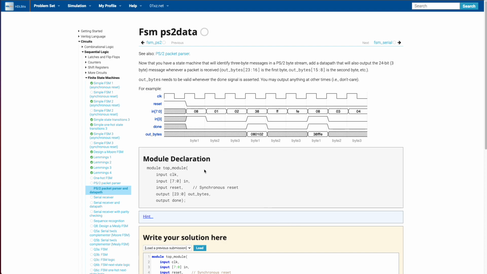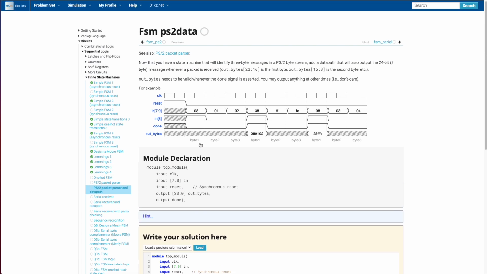So byte 1, next is 2, next is 3, and next is 1.